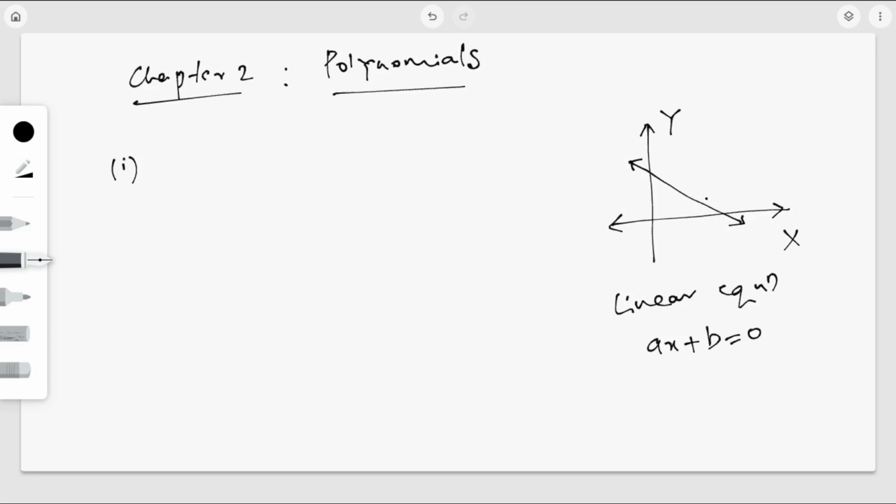So in this particular case, the line represented by this linear equation intersects the x axis at this point. Is there any other point where this graph is intersecting the x axis? No, right? So hence the number of solutions for this linear equation is 1.